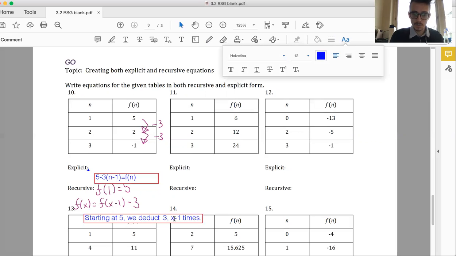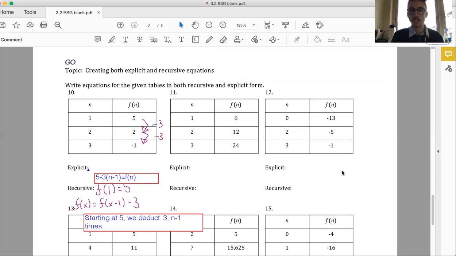So let me actually change this so that it says n minus 1. There we go. This is from module 1, so truthfully, this should be just a quick refresher, something that you just need a reminder of. But it's all good. How about this? Try 11 and 12, and I'll give you the answers for those shortly. So pause the video, try 11 and 12.